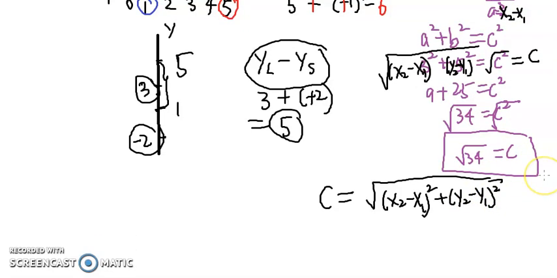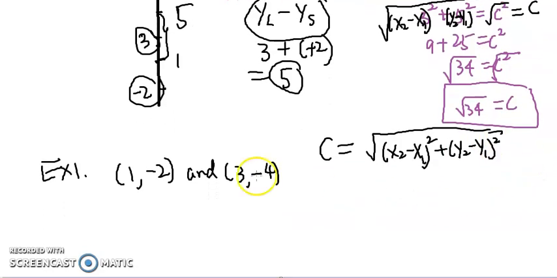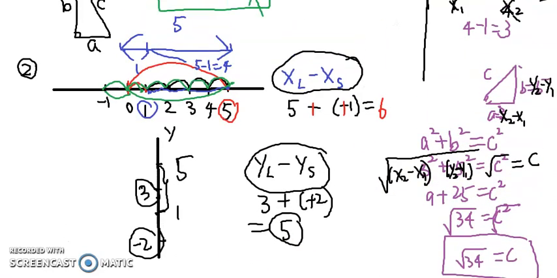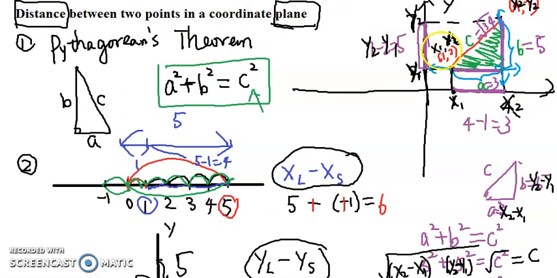So with this formula, we can find the distance between any 2 points. So let's look at an example. Suppose I want to find the distance between (1, negative 2) and (3, negative 4). First, let's mark them. The first number we always use x, the second number we call y.